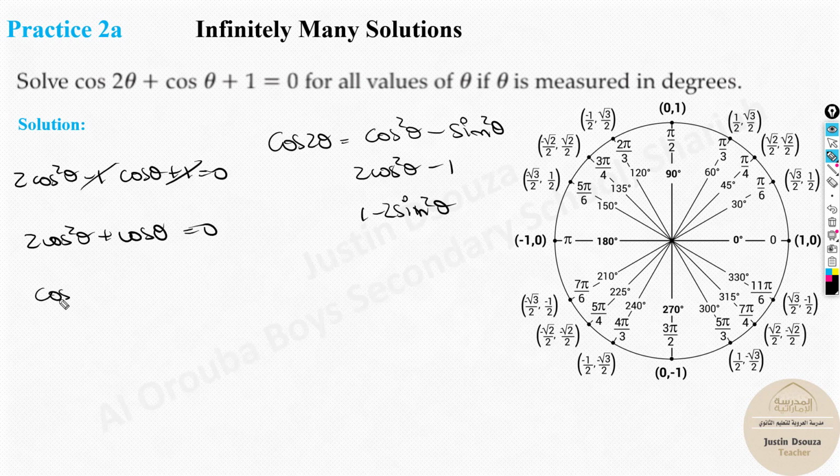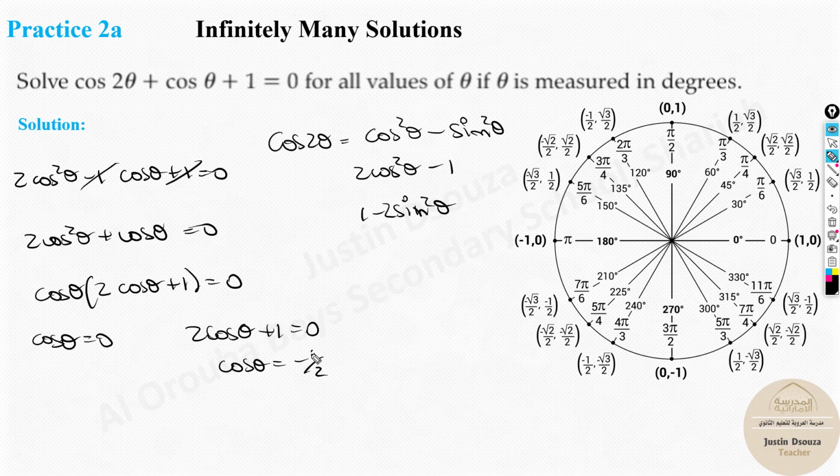Now take this cos theta outside. It will be cos theta times 2 cos theta plus 1 equals 0. Now this is done. We have simplified it. You can write cos theta equals 0, and 2 cos theta plus 1 equals 0. This will be cos theta equals negative half.